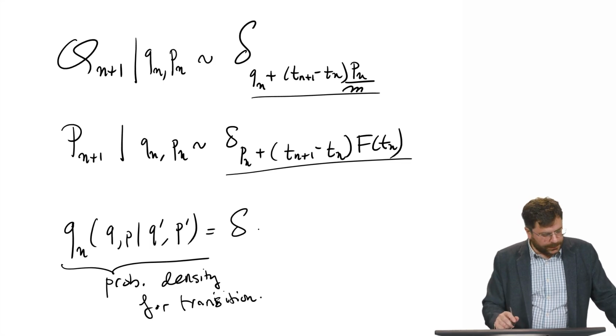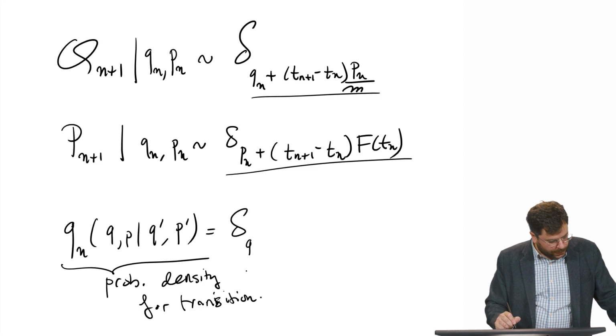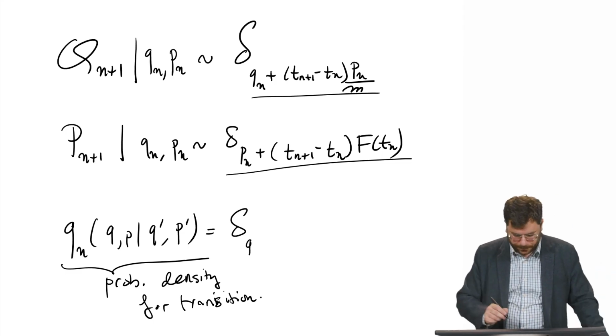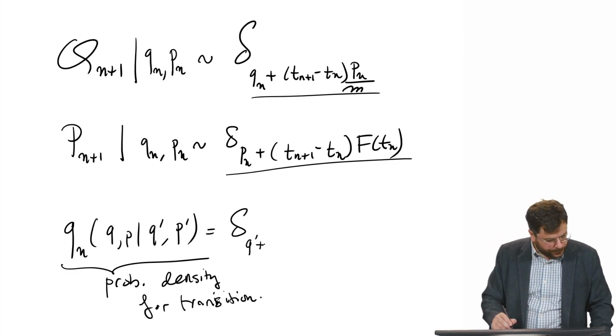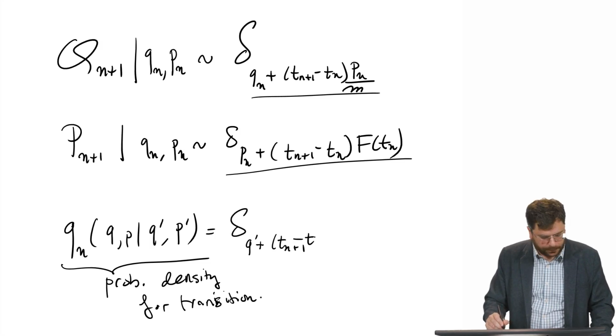That's going to be delta of Q prime plus Tn plus 1 minus Tn, P prime over m.